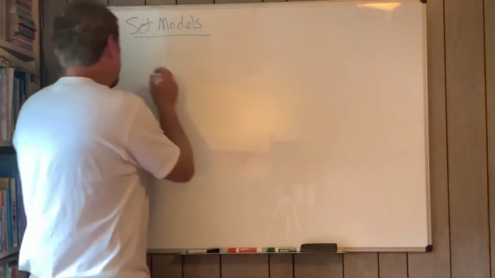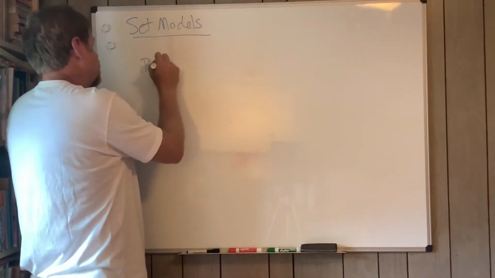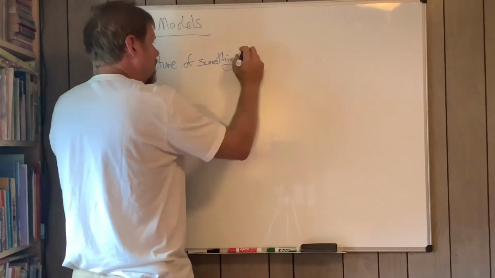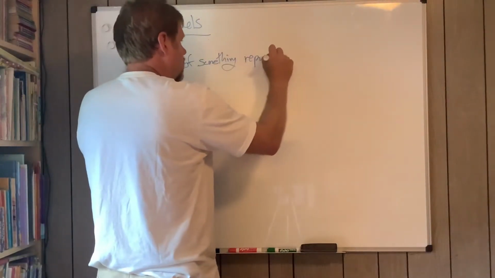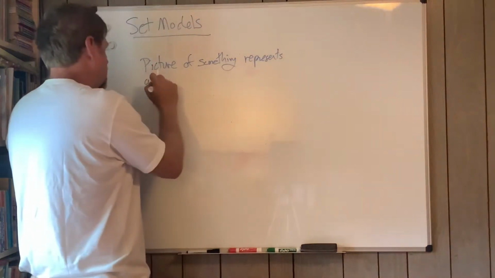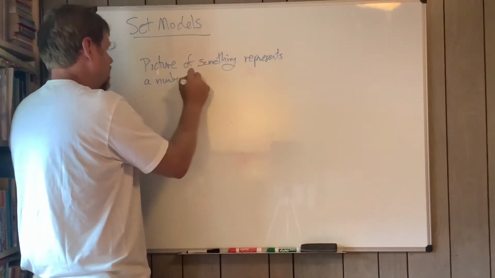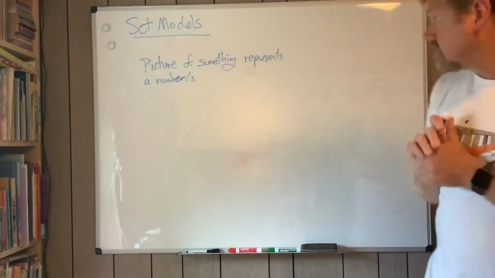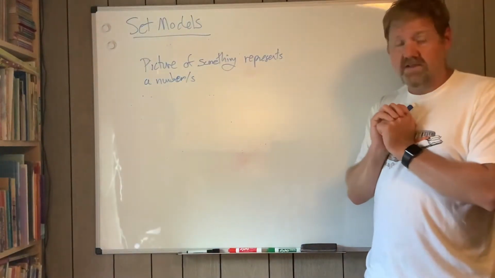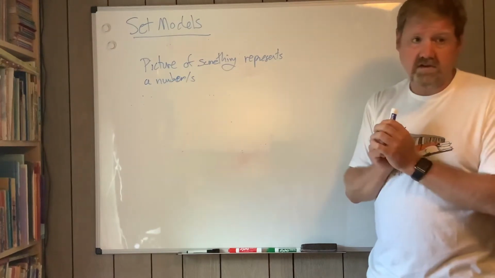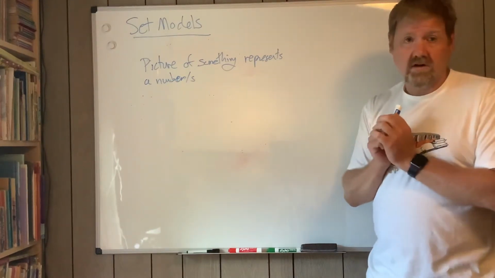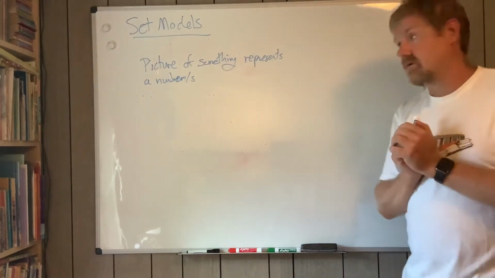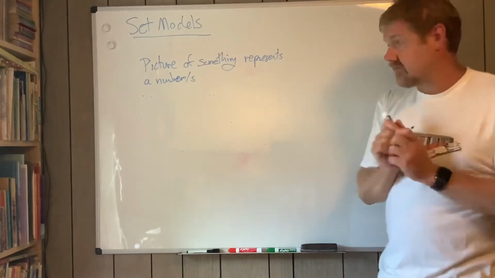So really it is a picture of something that represents a number or numbers. Okay. In the textbook and other books, where you can print things out really nicely, you'll see pictures of ducks or pencils or whatever the other things are.